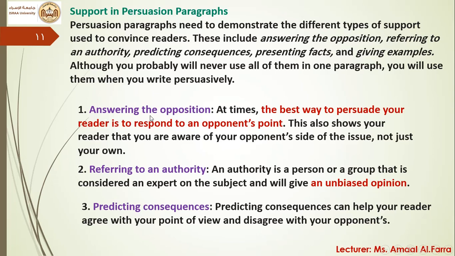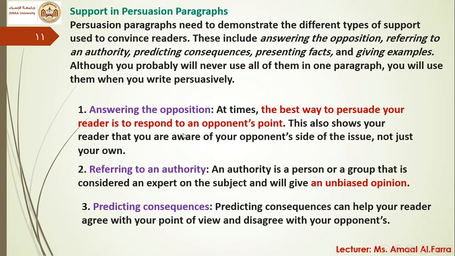Number 1, answering the opposition. At times, the best way to persuade your reader is to respond to an opponent's point. Opposition means we have an opponent and he has a belief. We want to persuade our readers in response to this belief of the opponent. This also shows your reader that you are aware of your opponent's side of the issue, not just your own.